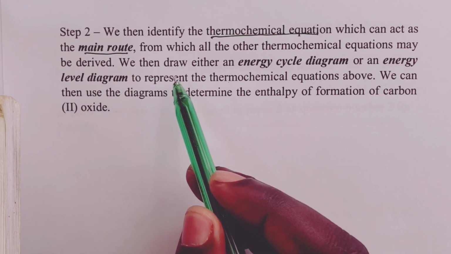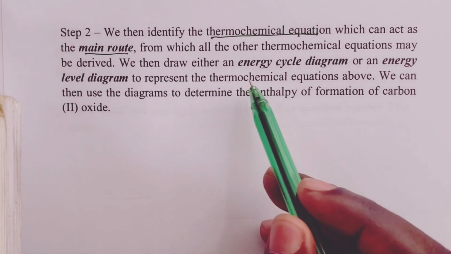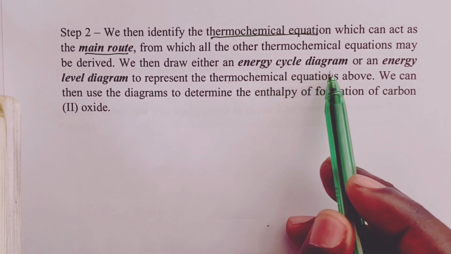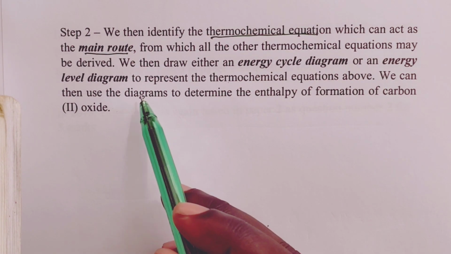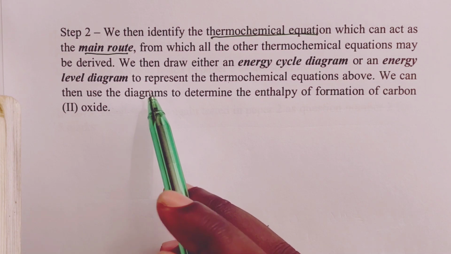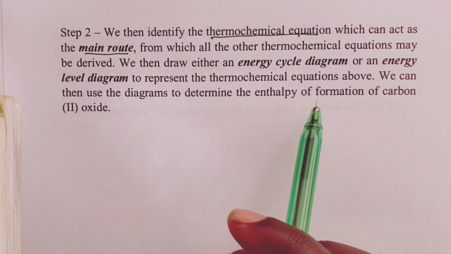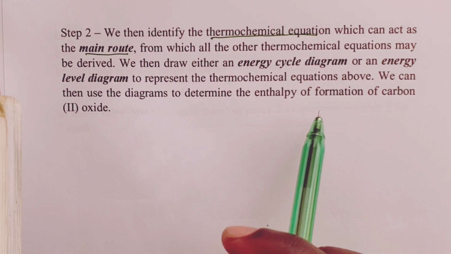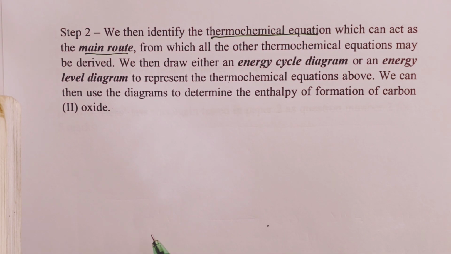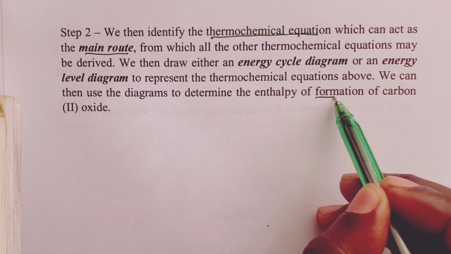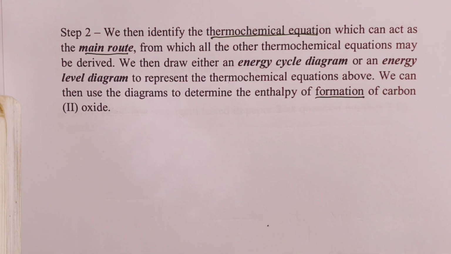We shall then use this to draw either an energy cycle diagram or an energy level diagram to represent all the equations above. We then go ahead and use the diagram to determine the enthalpy of formation of carbon(II) oxide, which was asked in the question.